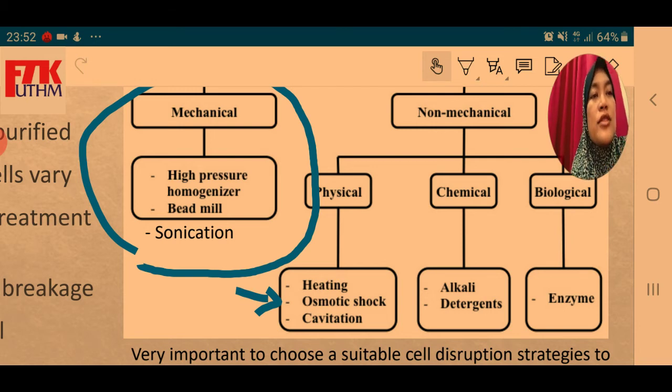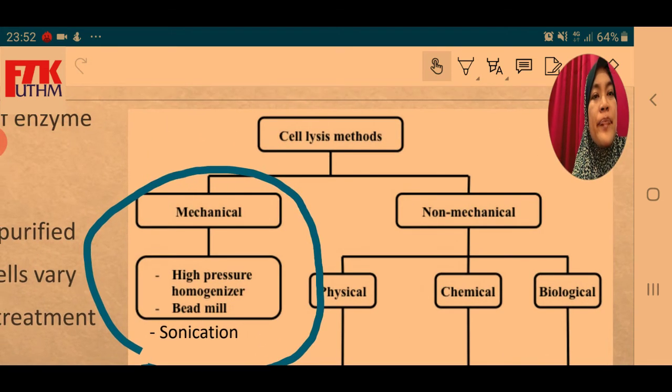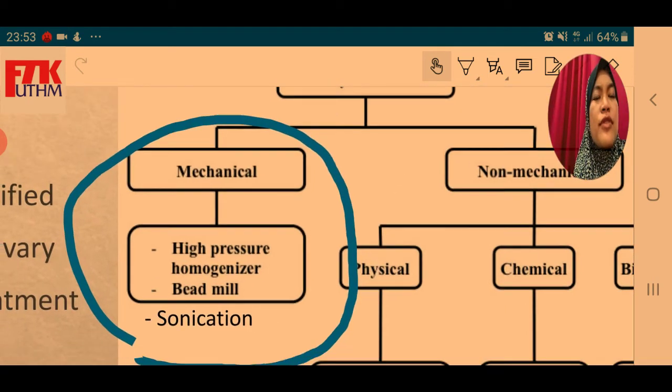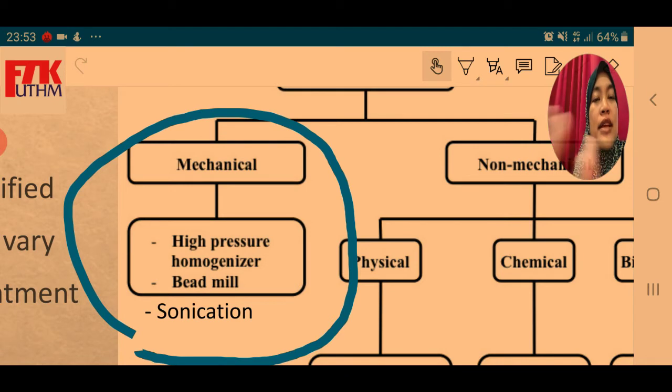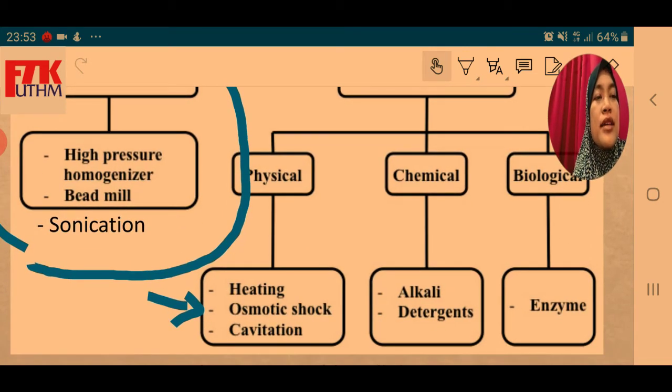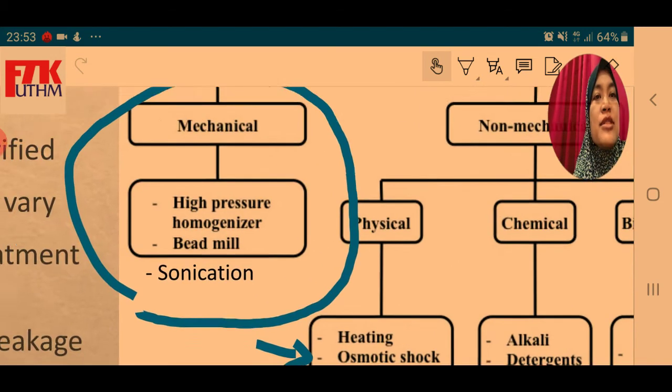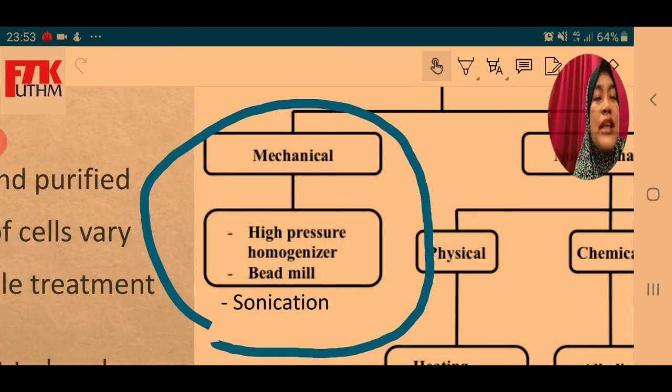Even though we use the mechanical type of lysis, we can also add a little bit of the non-mechanical chemicals to the lysis solution before it is subjected to the mechanical method.